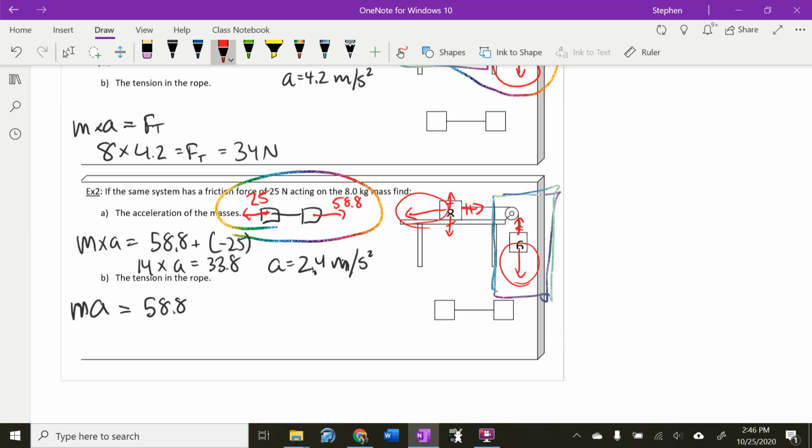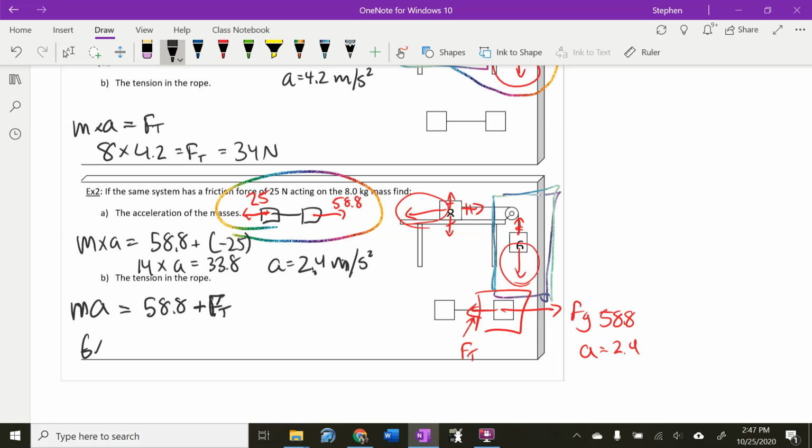We know it's accelerating to the right. If I redraw this, I like redrawing it this way. Again, we're looking inside this box where we have tension and we have gravity. So that's going to be our tension force. This I'm going to call 58.8 as a positive number because my acceleration was 2.4 as a positive number, going to the right. So carrying on from there, m times a equals 58.8 plus the tension force.